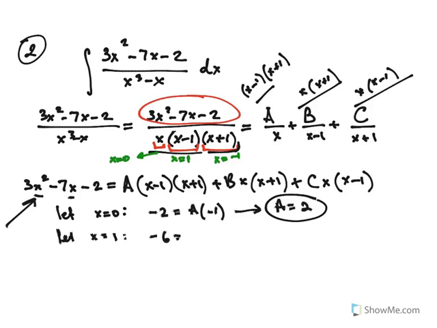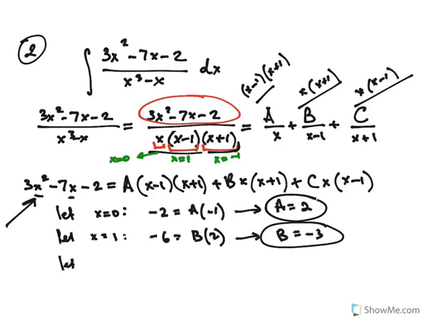Then you get B times 2 plus C times, oh, that's 0, because 1 minus 1 is 0. Okay, so therefore B equals, looks like negative 3.